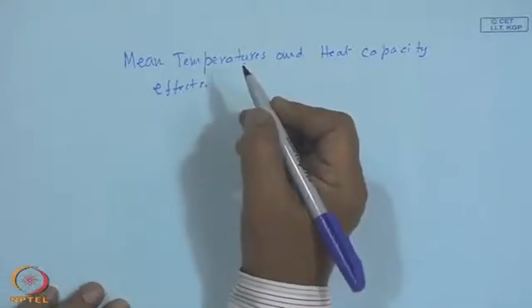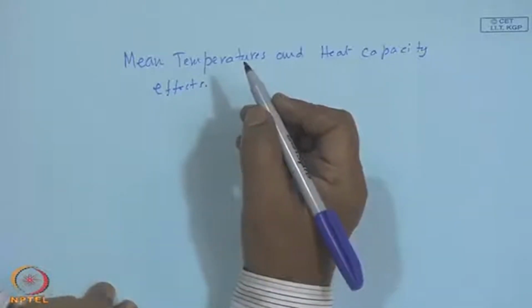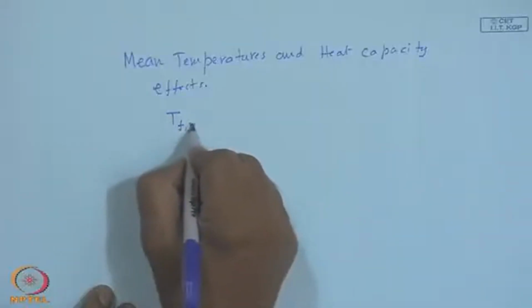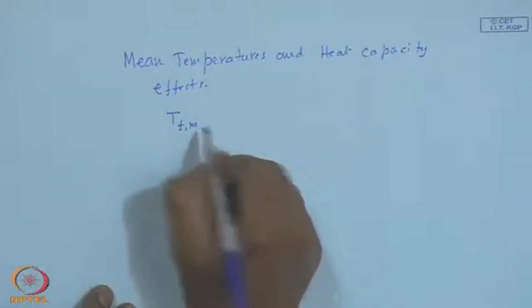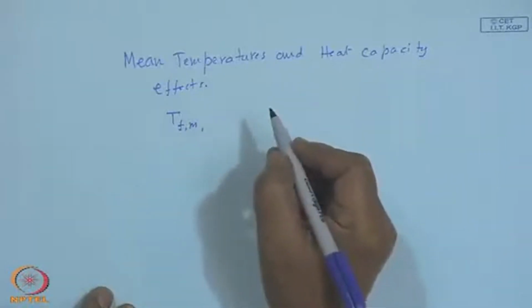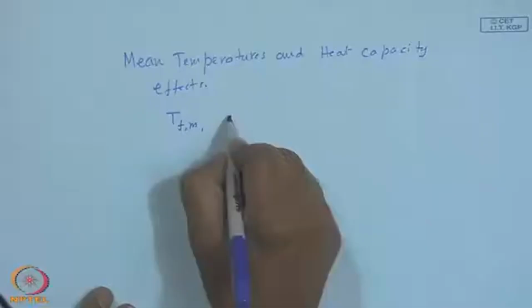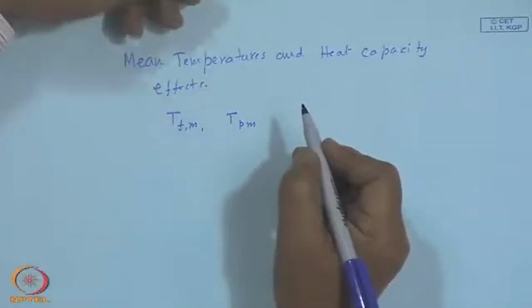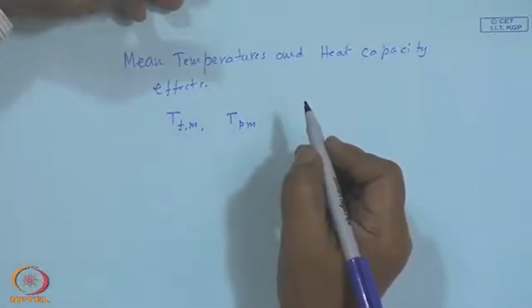So, if the fluid temperature is varying between T f i to T f o, we may consider the collector to be operating at some mean fluid temperature of T f m. Similarly, corresponding to T f, T p also will not be constant, it will be operating at T p m. It may be at the geometric mean point or some sort of a weighted average of the plate temperature measured at different points.